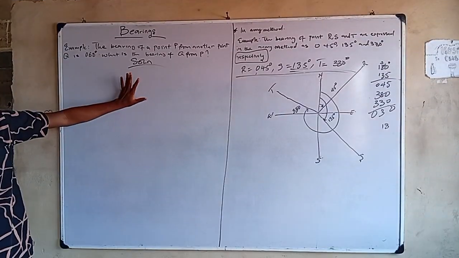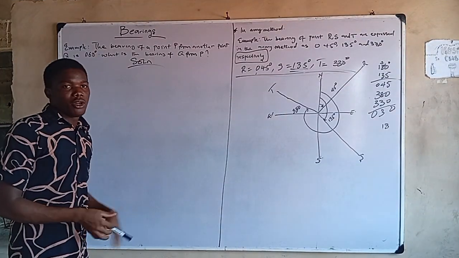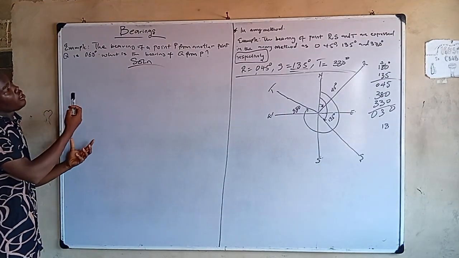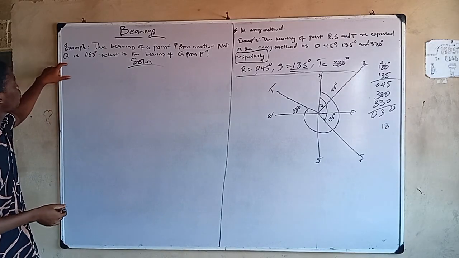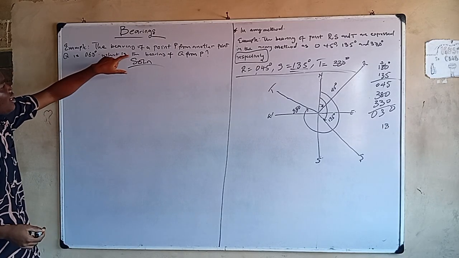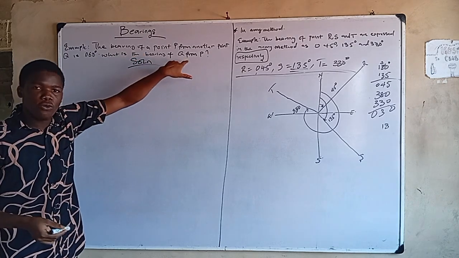Now let's start. When you have a question like this, what comes to your mind? Bearing. The bearing of a point P from another point Q is 60. What is the bearing of Q from P?